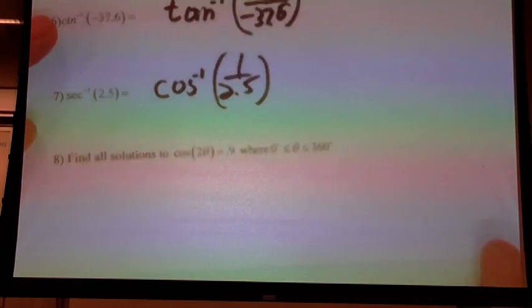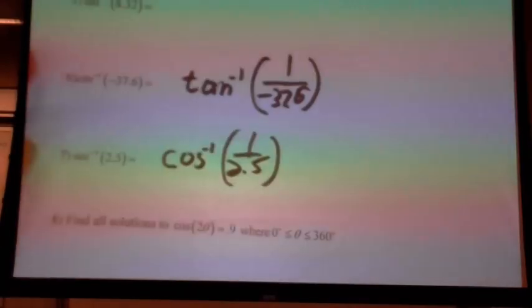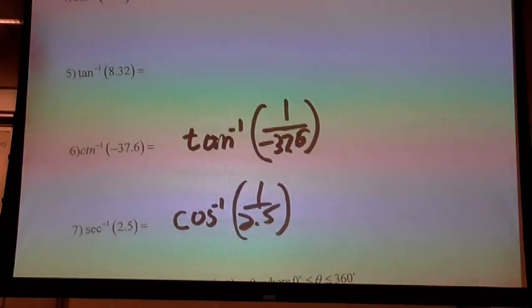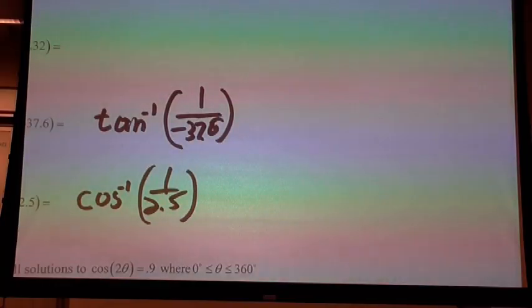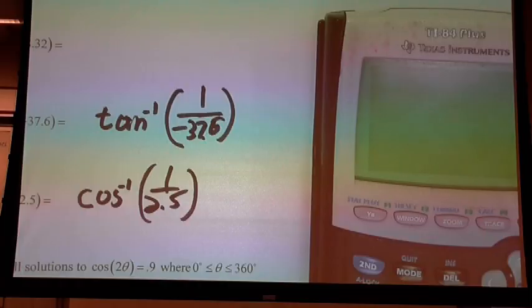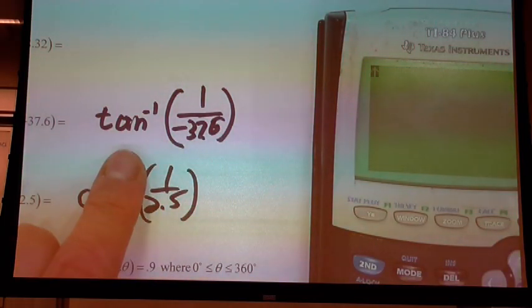Okay, everybody with me? Can we go through 6 just to confirm the answer? Sure, that's fine. All right, so let me get the principal value here. So I say inverse tangent 1 divided by minus 37.6.